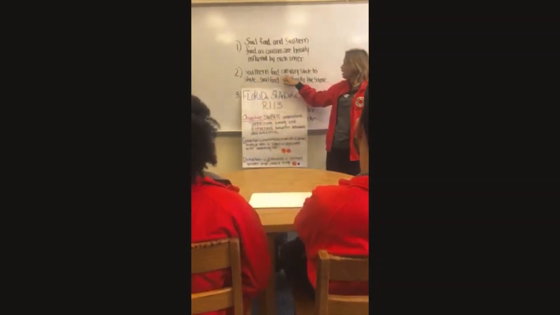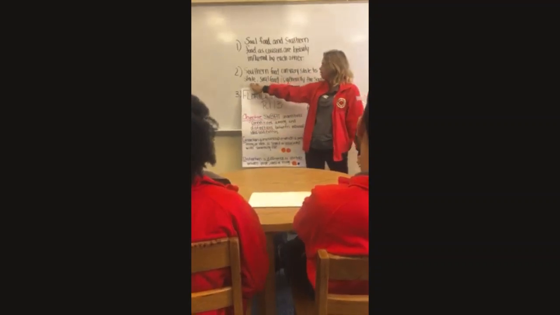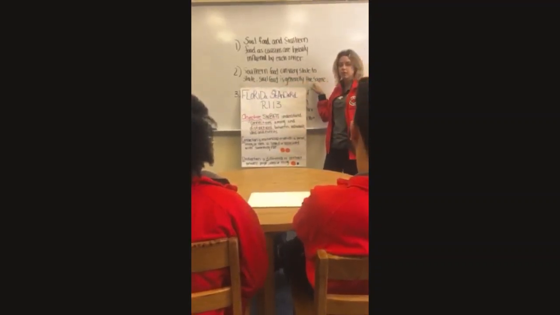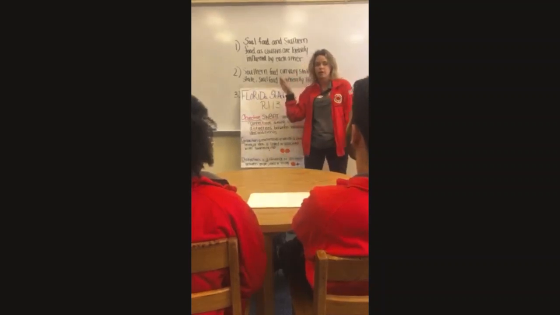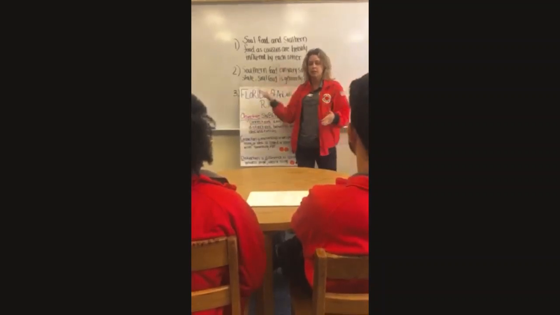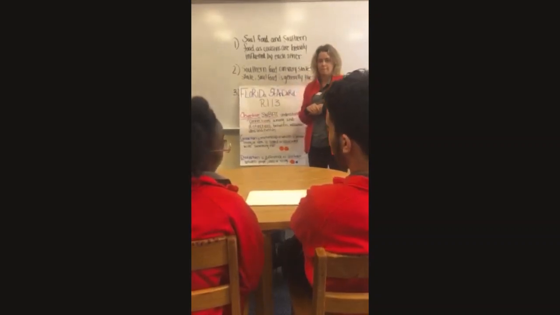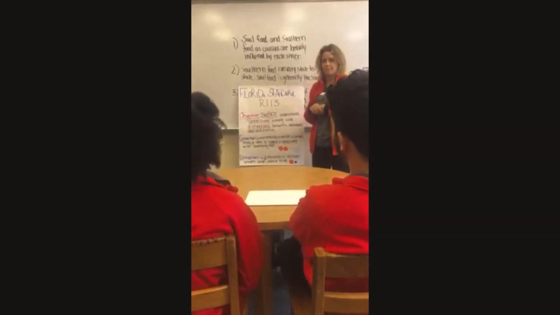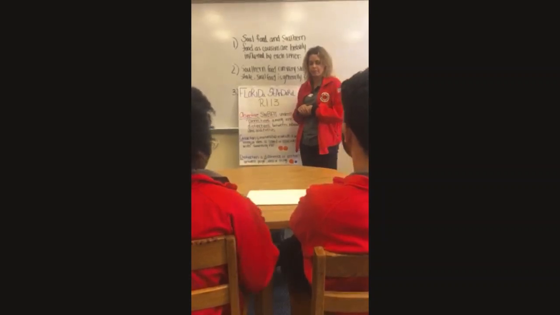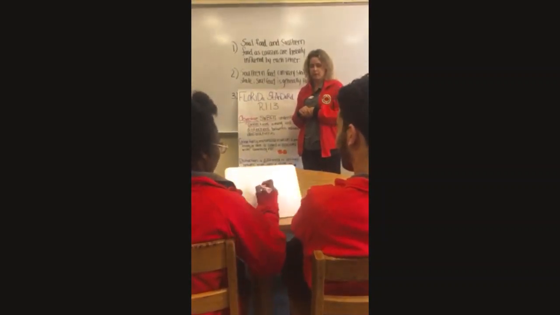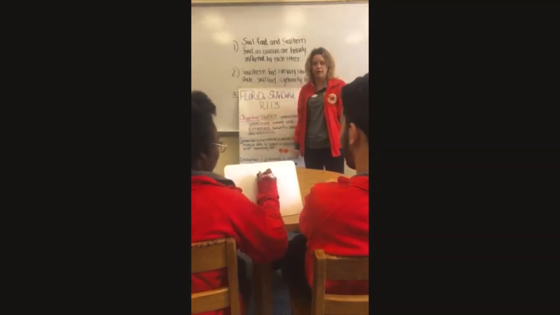Southern food can vary state to state, while soul food is generally the same. Is this a distinction or a connection? C for connection, D for distinction. And when you got the answer, put your whiteboard up high in the sky.